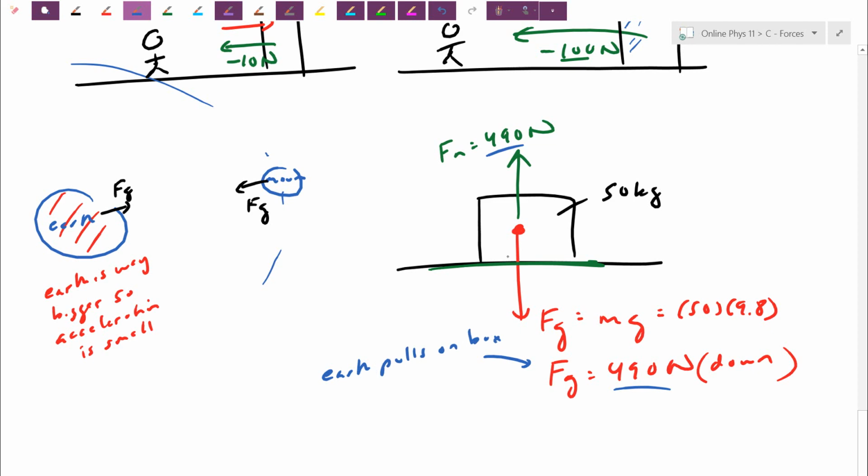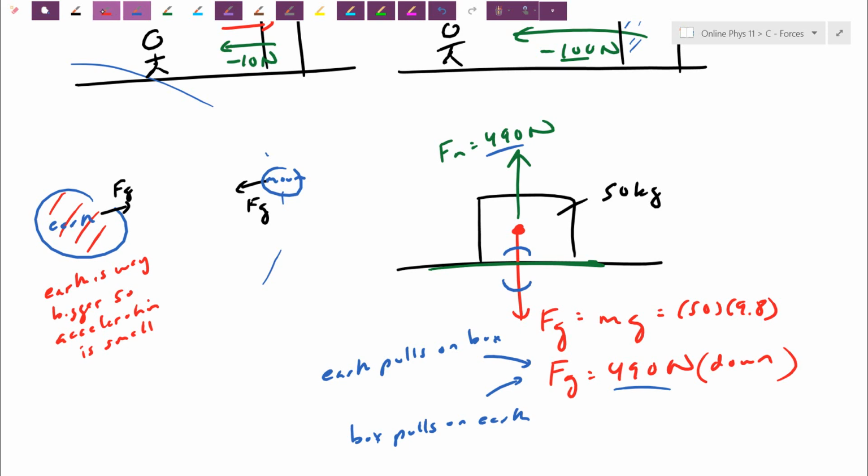When I say equal and opposite, I'm saying that FG in itself already has an equal and opposite pair. The box here is actually pulling the entirety of the Earth. The equal and opposite part is that the box pulls on the Earth exactly the same 490. Now again, how come we don't see the whole Earth whoosh towards me? Because the Earth is much more massive, right?